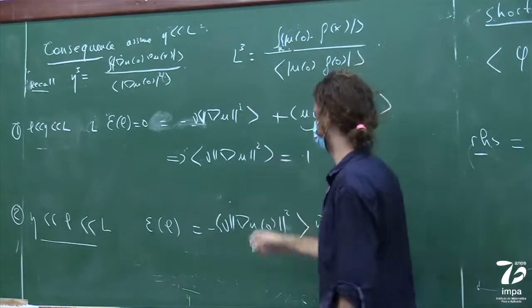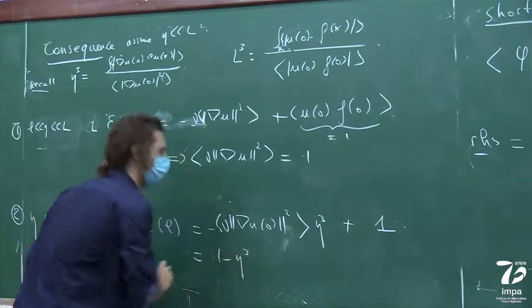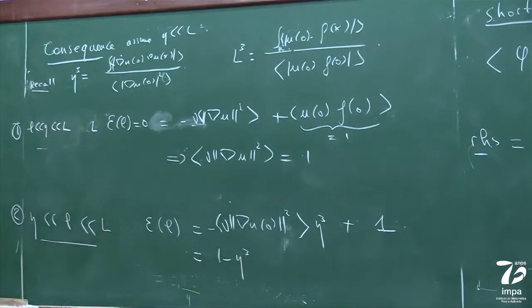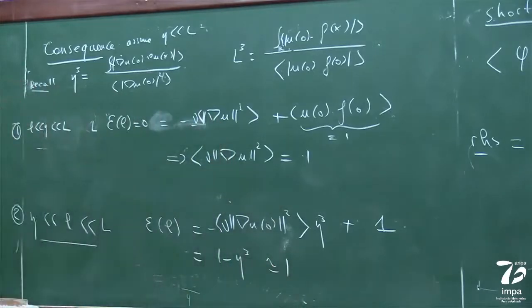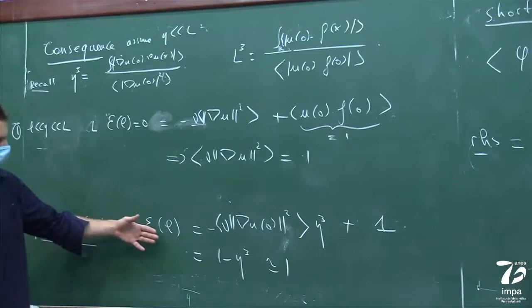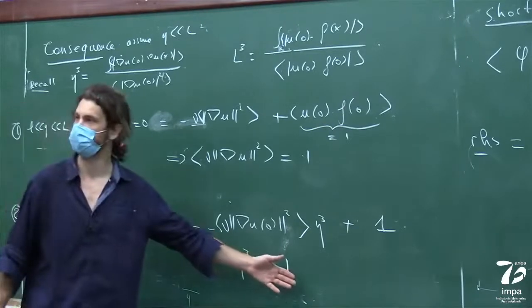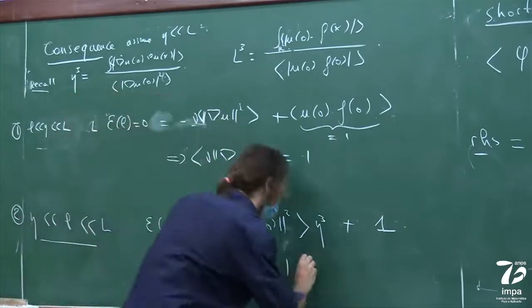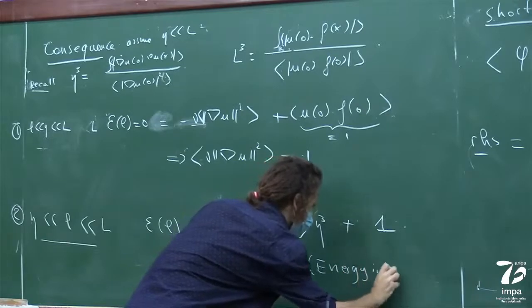Because of this condition, I know that this is 1 minus eta cube. So it's approximately equal to 1. So in this range of scale, this expression on the left is constant and is equal to the energy injection rate.